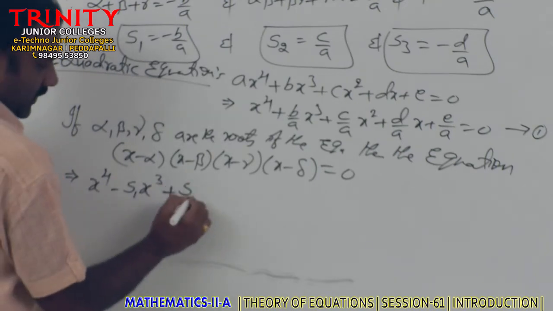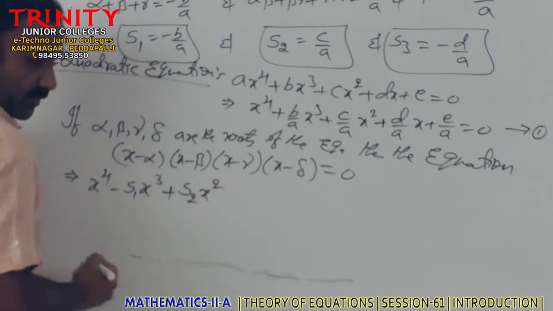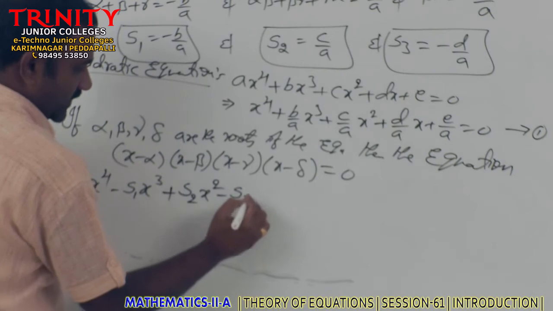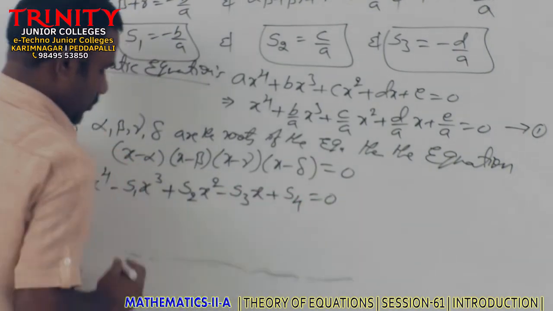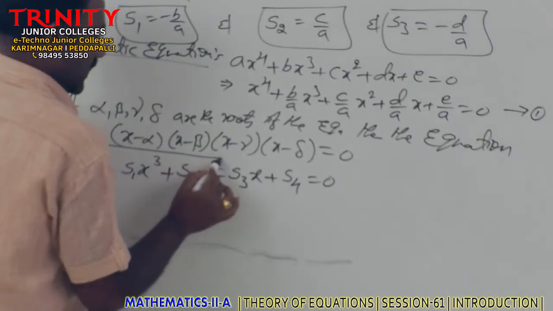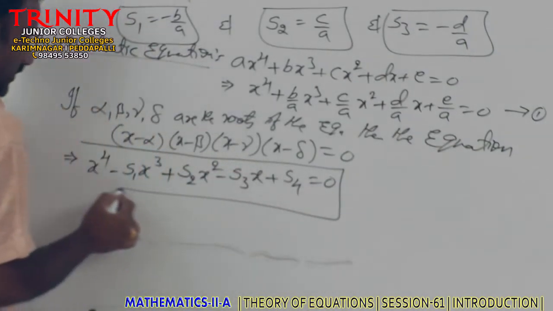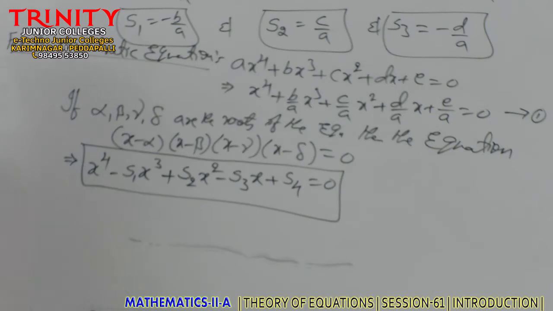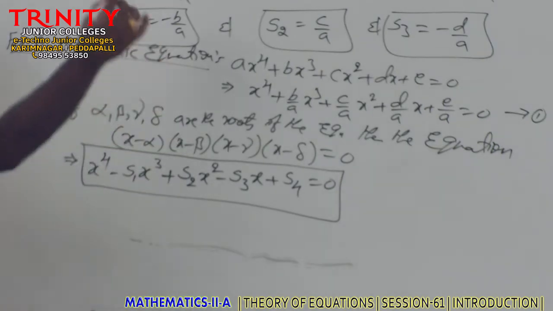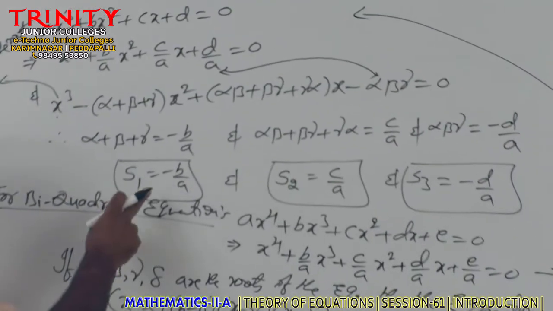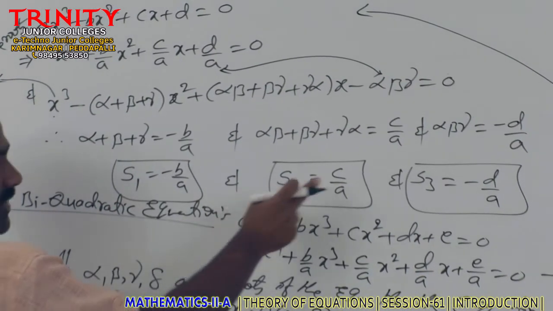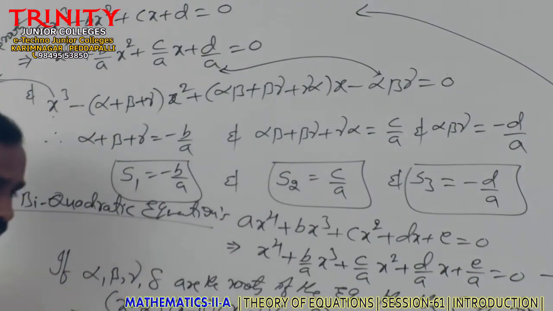See how I expressed this equation, you will get the doubt here. S1 is minus B by A, S2 is C by A, S3 is minus D by A.